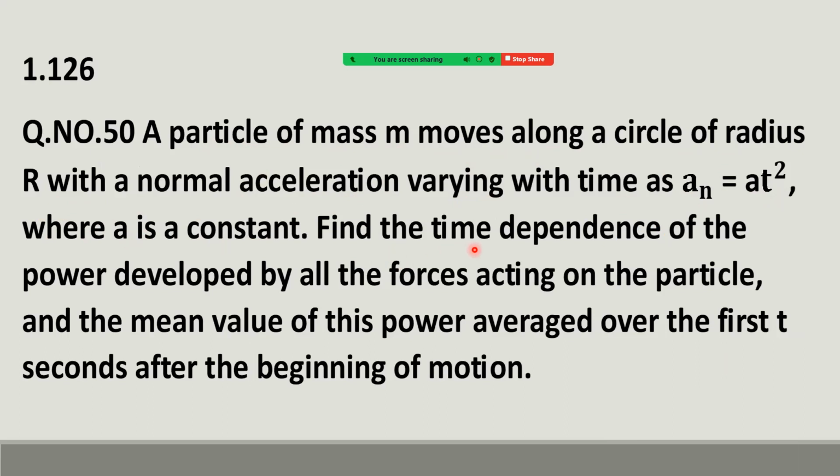Find the time dependence of the power developed by all the forces acting on the particle, and the mean value of this power averaged over the first t seconds after the beginning of motion. Given circular motion and given normal acceleration, which is nothing but centripetal acceleration, that is at square. So we have to find power as a function of time and also average power. Let us see.